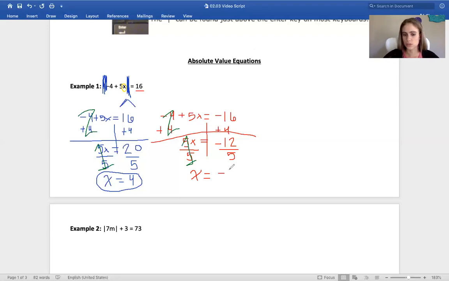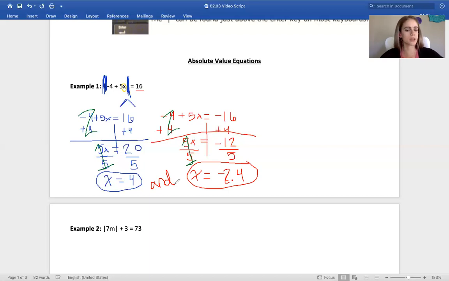That simplifies to negative 2 and 4/10. So both of these are our possible answers, all right?